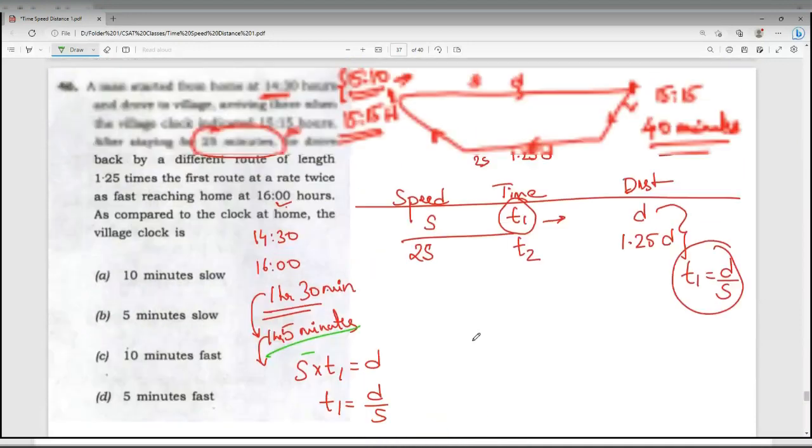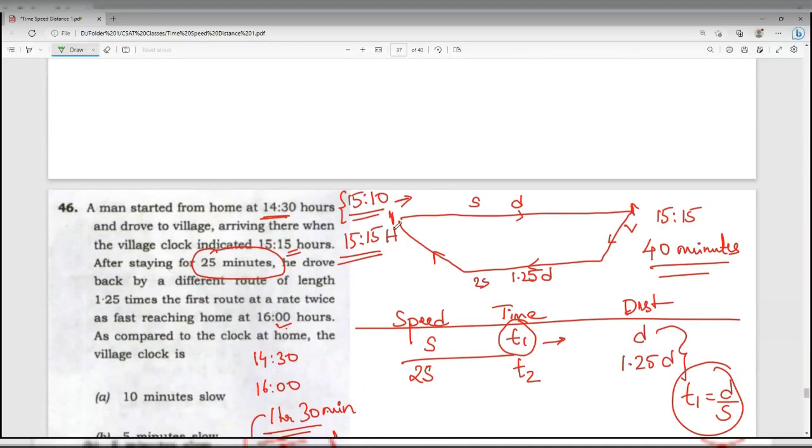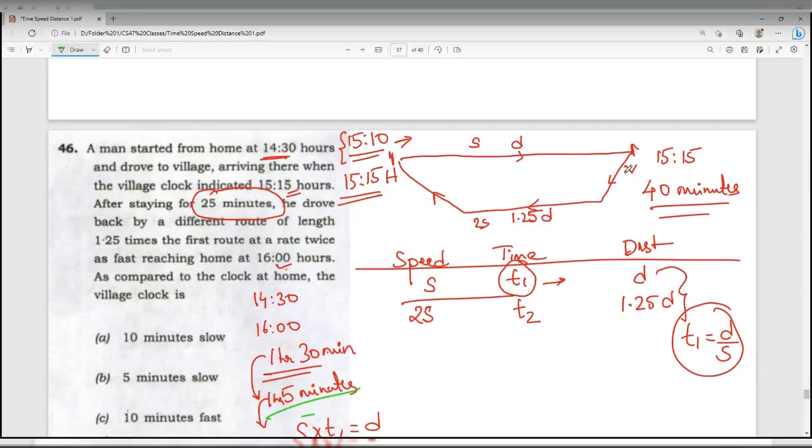So that 1 hour 5 minutes is the total time that was taken, T1 and T2. T1 is the time taken for the person to go from home to village, and T2 is the time taken for him to take another route from village to home. So when we add these T1, T2, it gives this 65 minutes. And that's what we have done here.